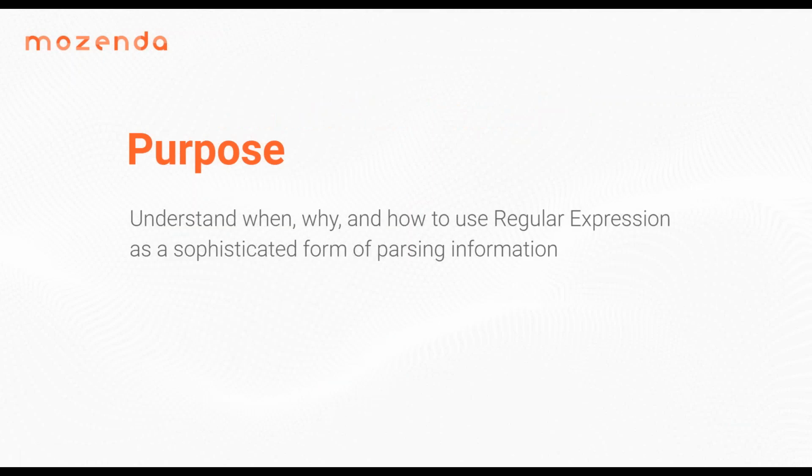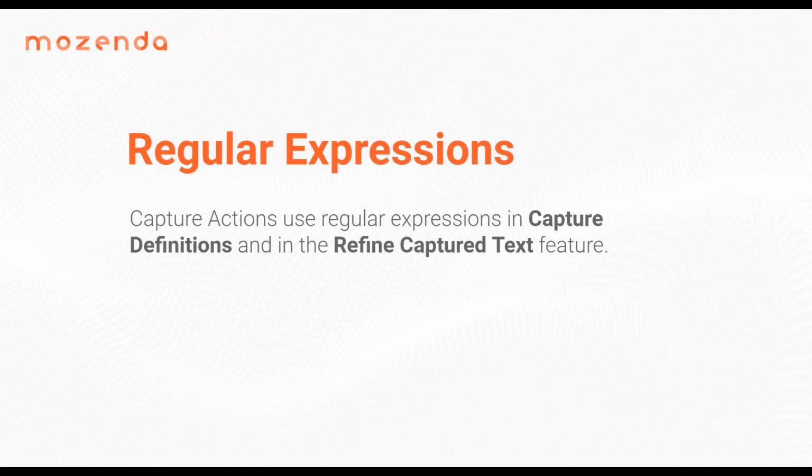Today our main purpose is to understand when, why, and how to use regular expression. This is a really sophisticated form of parsing information. When we use regular expression, it's similar to our capture definitions, and that's what we're going to be mainly discussing today.